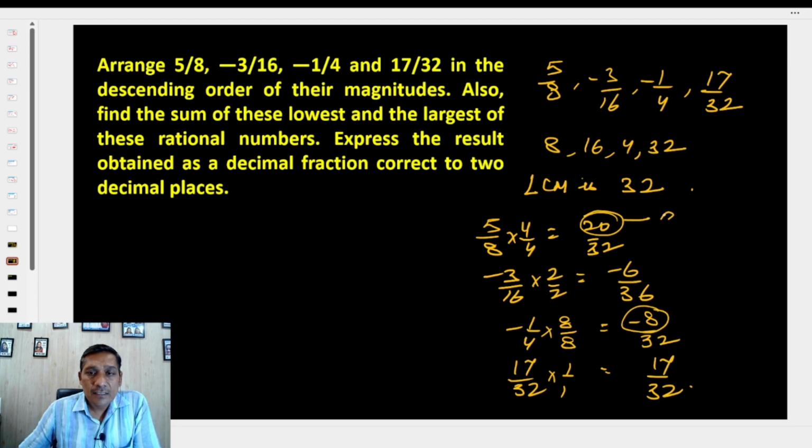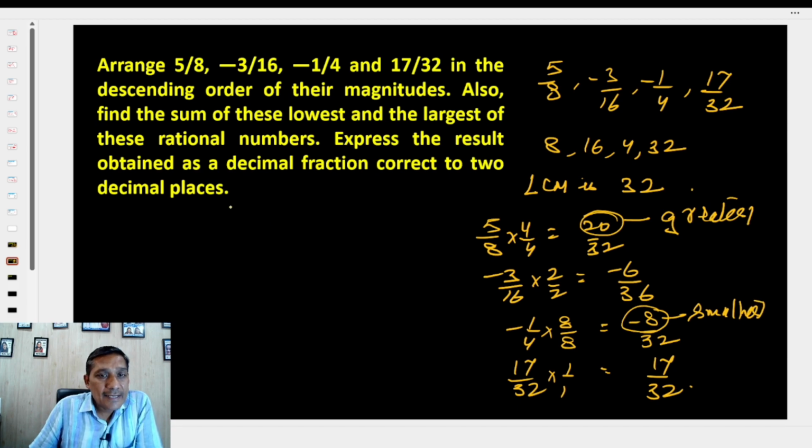This is the greatest number and this is the smallest number. My descending order is 20 by 32.